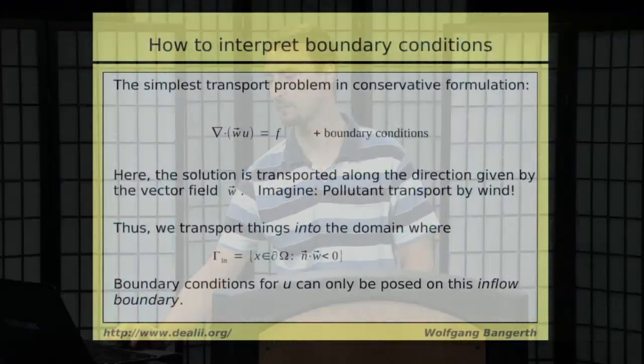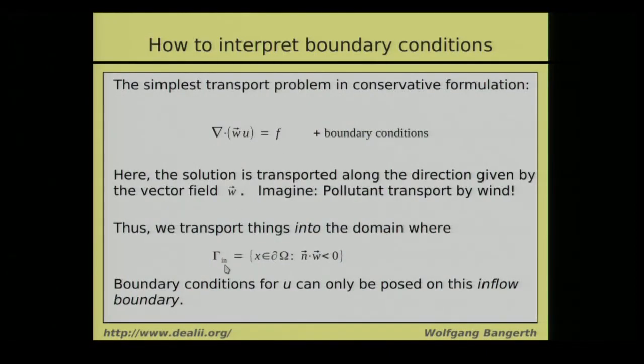So the influence for this sort of equation is transported only along lines that we call characteristics. These are the lines along which information is transported, and they start at the inflow boundary and make their way through the domain. So I can only impose boundary conditions on the inflow part of the boundary, and I'm going to call this part gamma in.